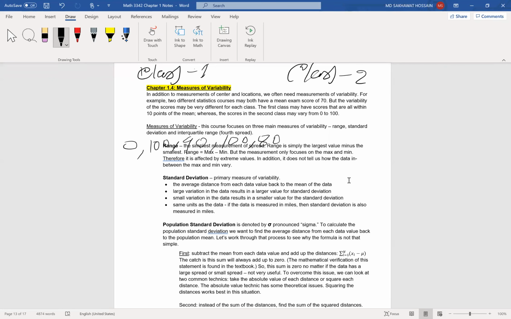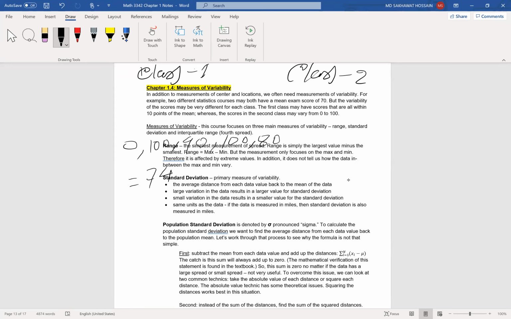What is the average score of this class? If you add them together and divide by 5: 200 plus 90 is 290, plus 80 is 370. If you divide by 5, it will be, I guess, 74. So the average score of this class is 74.